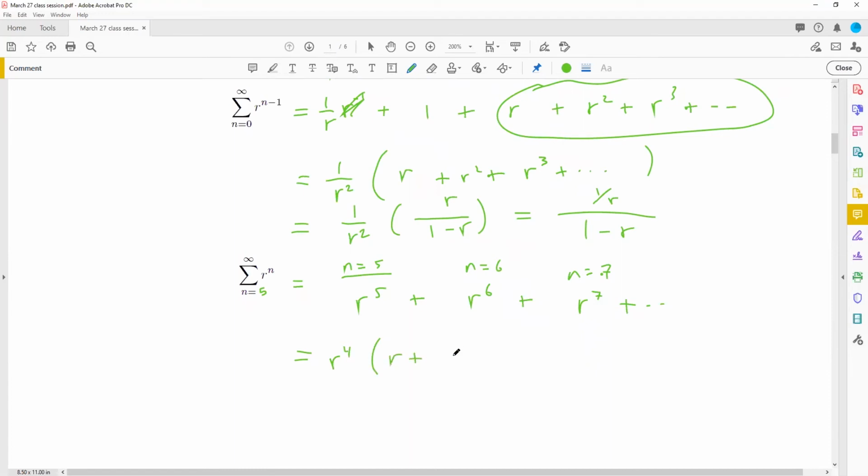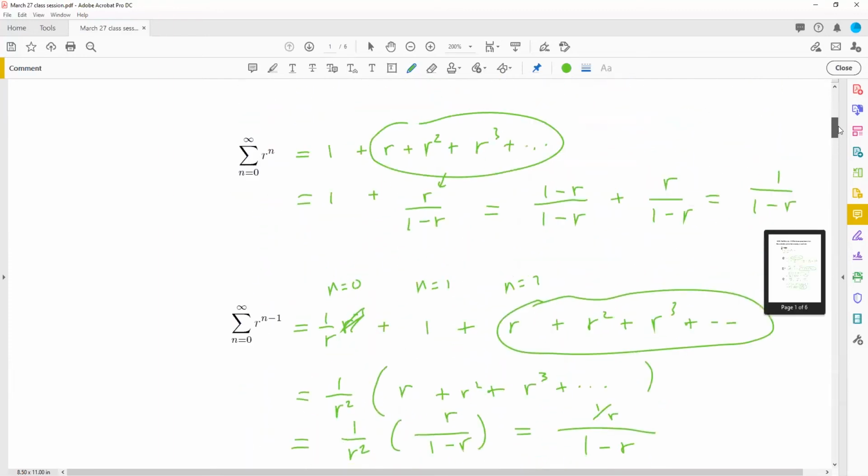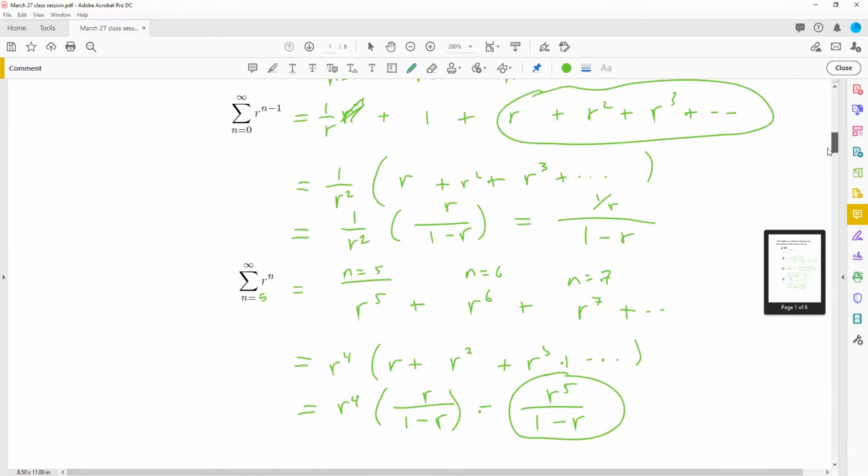Then you have r plus r squared plus r cubed and so on, and you know that all of this sums to r over 1 minus r. So then you just get r to the 5th over 1 minus r. So those are just some things to be careful about. You have to notice where the series is starting from.